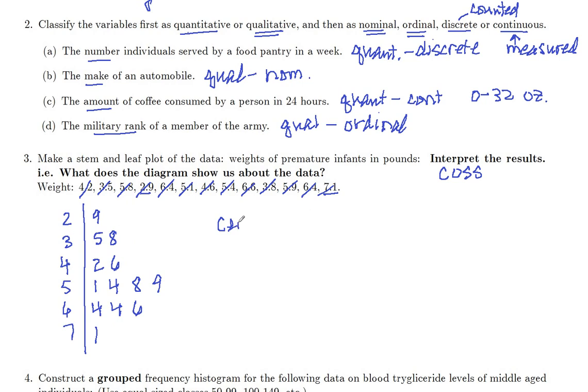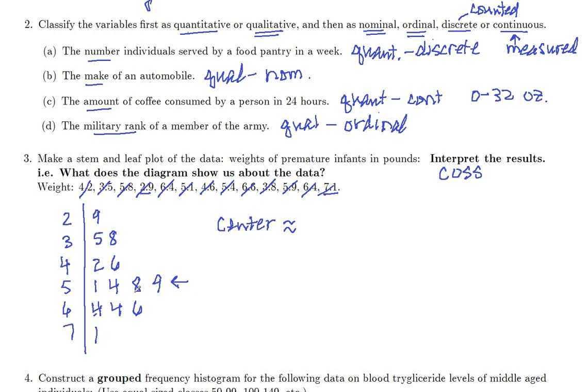And then the center. So we're just estimating here. It looks like our center would be somewhere in this row. We'd have 1, 2, 3, 4, 5 above that row, 1, 2, 3, 4 below.